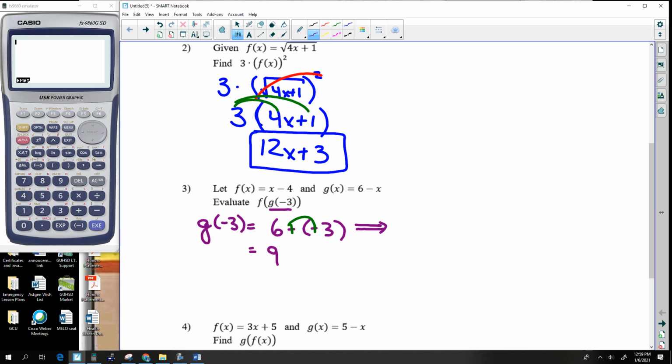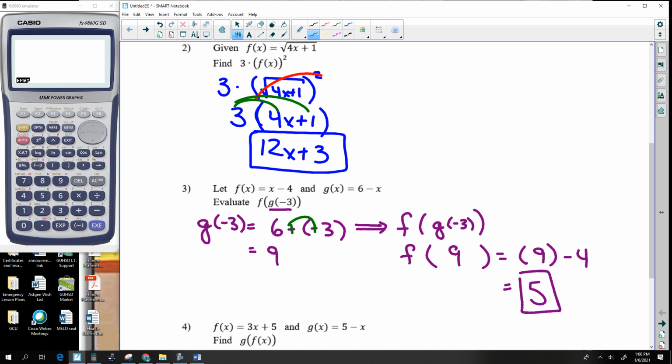However, this question is asking, what is f of g of negative 3? So again, g of negative 3 is 9. So this question is asking, well, what is f of 9? That's x minus 4. So that's 9 minus 4, which is 5.